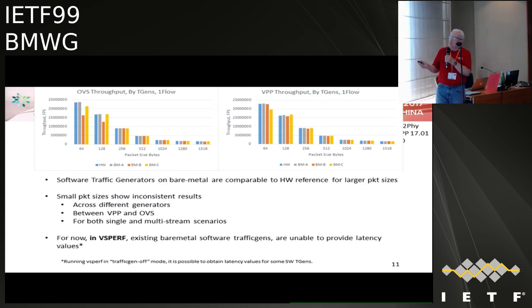But with VPP, now the red generator is doing as well as the hardware-based, and actually it's the C generator that has some reluctance to produce packets in a way that results in its throughput being pretty close to its previous throughput with OVS, but greatly reduced here. And of course, with the large packet sizes, it's not such a big deal to evaluate.